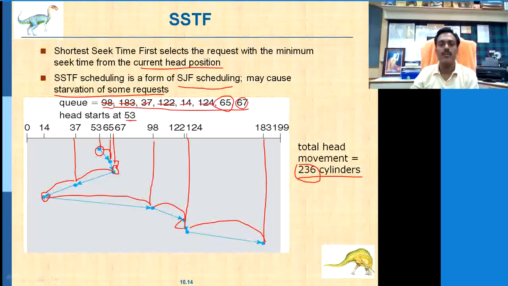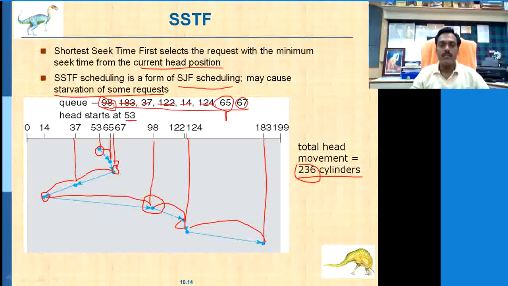Now let us discuss the disadvantage of this algorithm. If you see, the 98 request is the first request. Now this 98th request is accessed after service is provided to 65, 67, 37, 14.